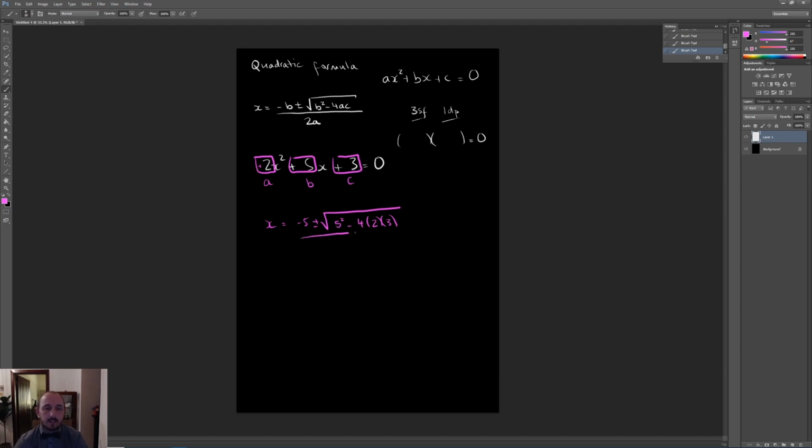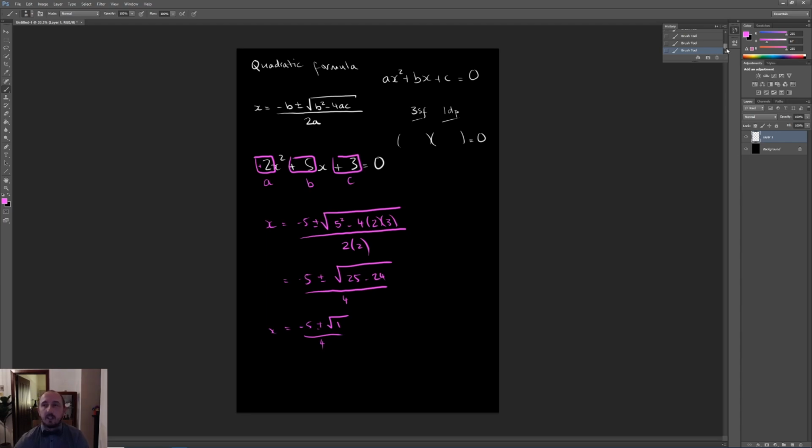We're going to divide that whole thing by 2 lots of a, 2 lots of 2, like this. Tidy this up, we have minus 5 plus or minus the square root of 25 minus 4 times 2 times 3, which is 24, all over 4, which equals minus 5 plus or minus the square root of 1 over 4.